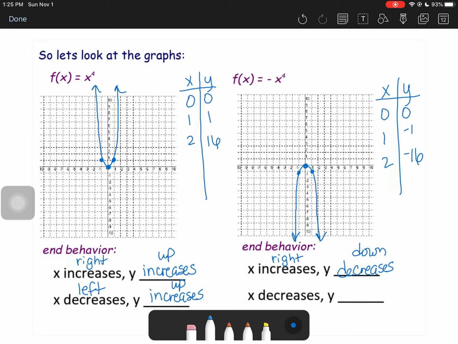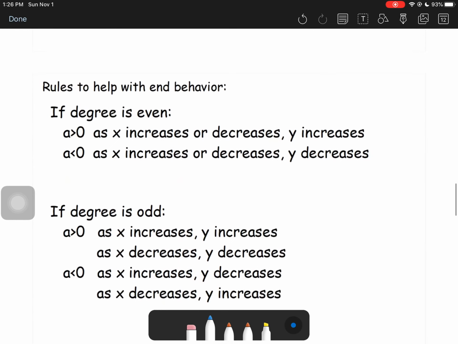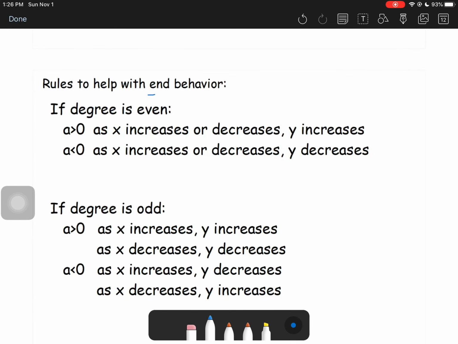As x decreases, as it's going to the left, the y decreases also. It's going down. So in general, we want you to understand that if we have an even degree, to the 2nd power, 4th power, 6th power, etc., if the a value is greater than 0, it's always going to look like some parabola shape going up.